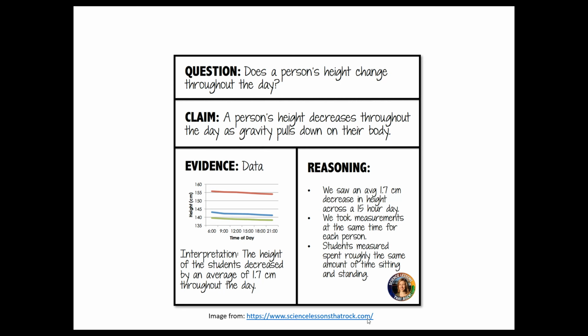So they're actually providing the evidence, the results from this experiment when it was conducted. And then they also provide an interpretation for the reader, which is perfect. So we can see from the graph and the interpretation that height does in fact decrease throughout the day. And then they go on with their reasoning, that the reason for that is gravity, and they just highlight what their data table shows.